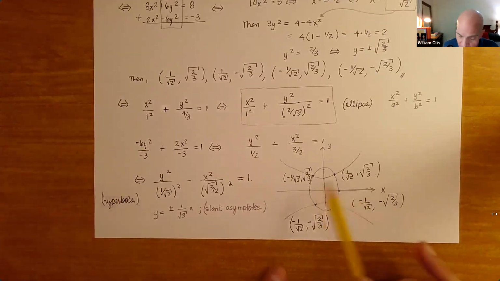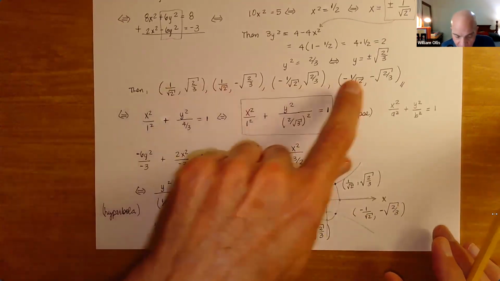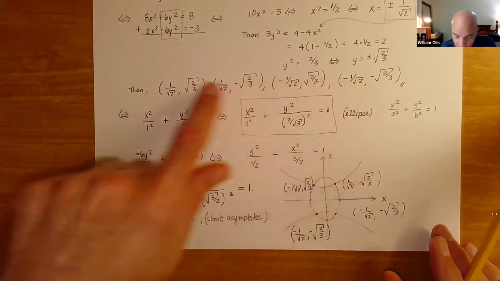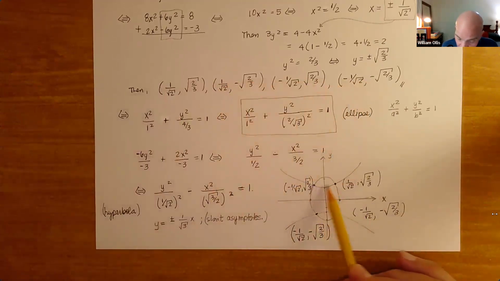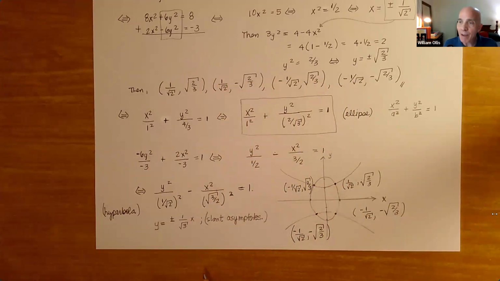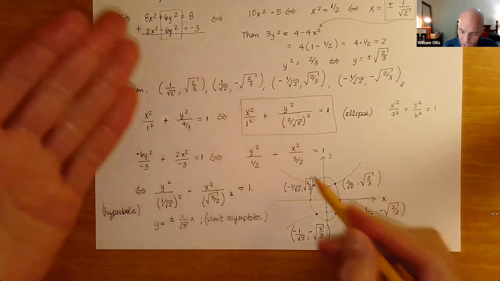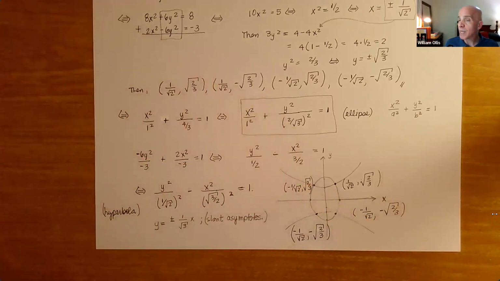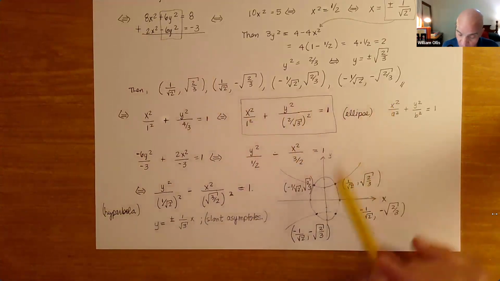pre-calculus. But notice the picture of these points of intersection are simply the intersection points between the ellipse and the hyperbola. Hyperbolas and ellipses have a very recognizable curve sketch. And so if you're just simply trying to show in a geometric way the points of intersection, you can do this.